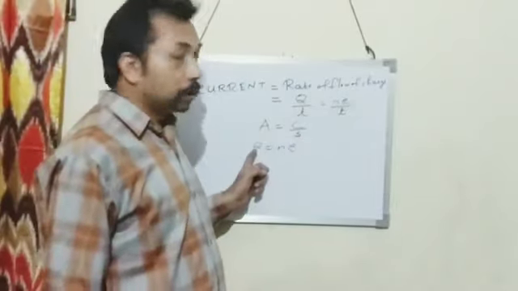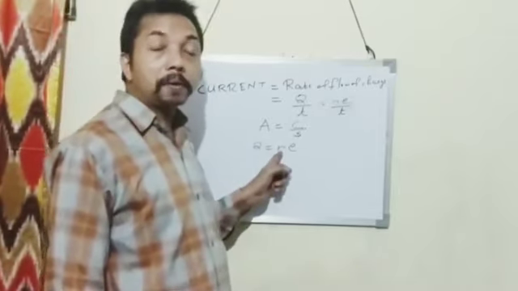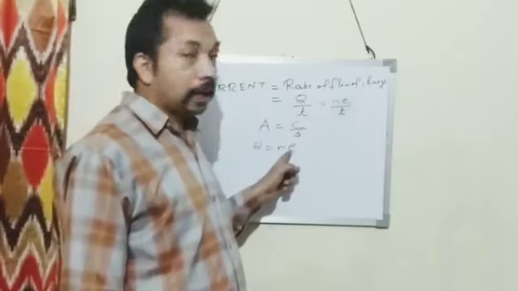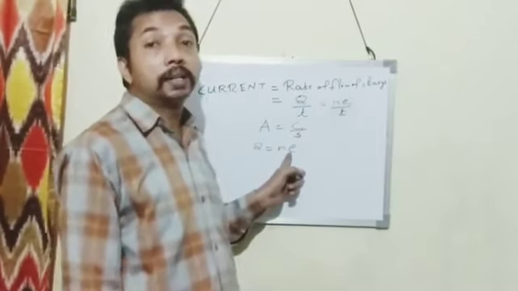So here Q stands for charge, N stands for number of electrons, and E stands for the magnitude of charge of one electron.